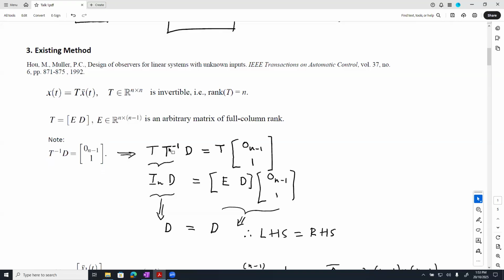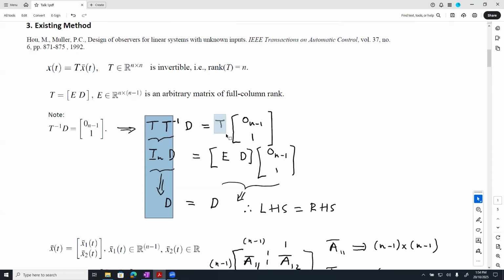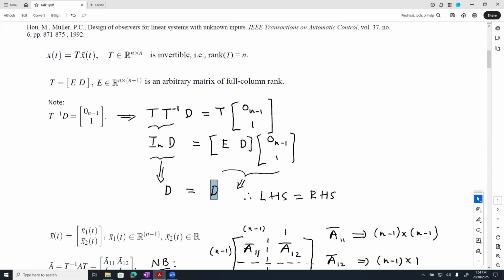We can show that easily by simply multiplying both sides by T. If we multiply the left-hand side by matrix T, that gives us an identity matrix, and therefore the left-hand side gives us D. Similarly, on the right-hand side, by substituting T equal to E D back into the expression and multiplying by that special structure, we also obtain D. So this transformation matrix, as long as it's invertible, gives us this desirable special form.